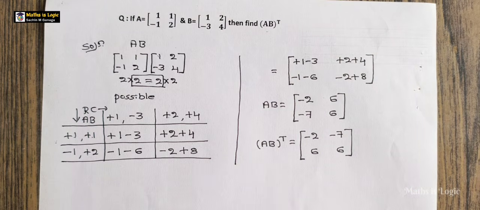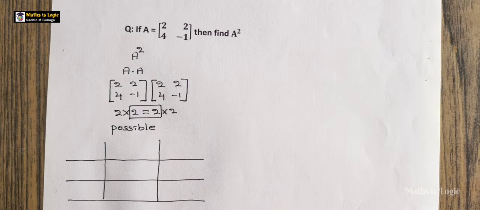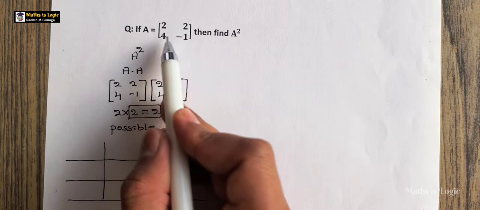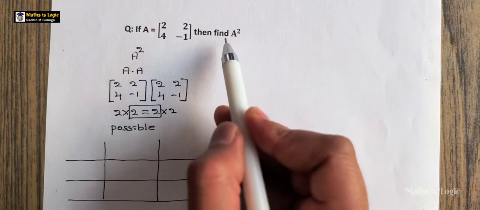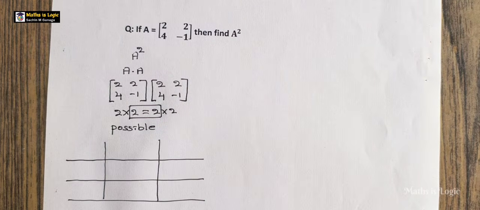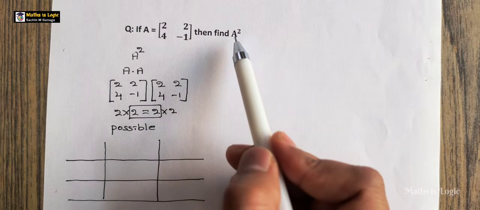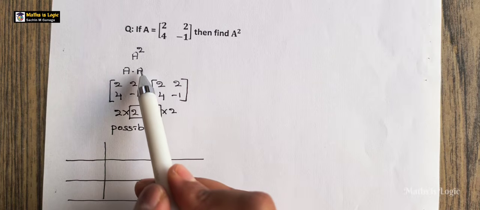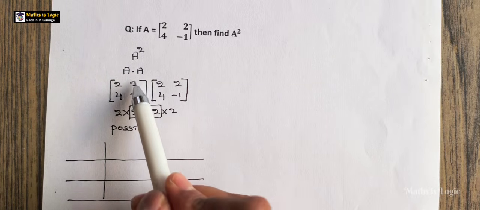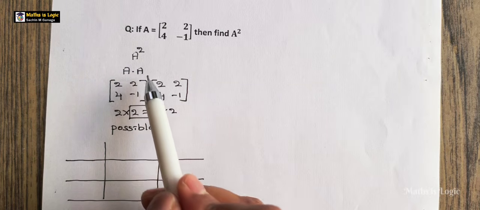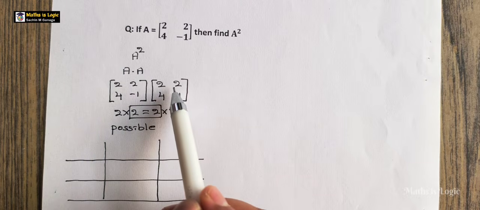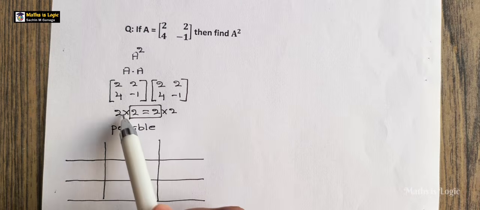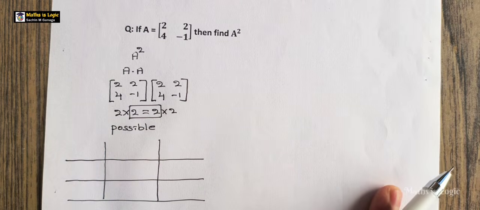Next question. If A is equal to 2, 3, 4, minus 1, then find A square. If A square comes, at that time A square can be written as A into A. Next, mention A matrix. Again mention A matrix. Same value, 2 3 4 minus 1, 2 3 4 minus 1. Write the order, so possible.